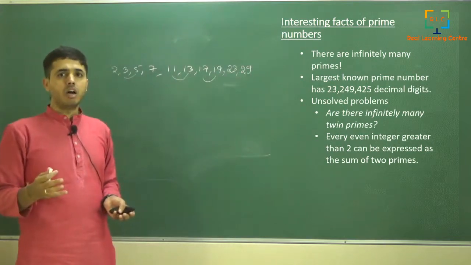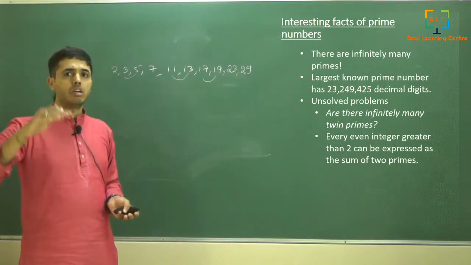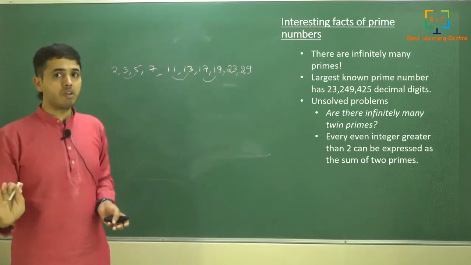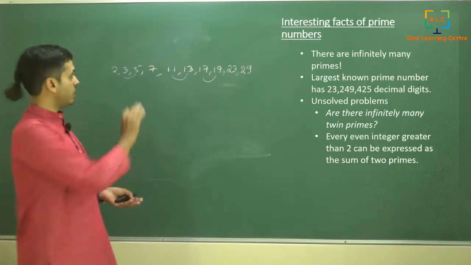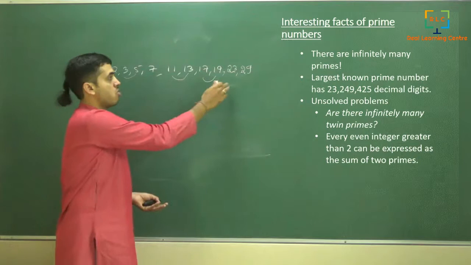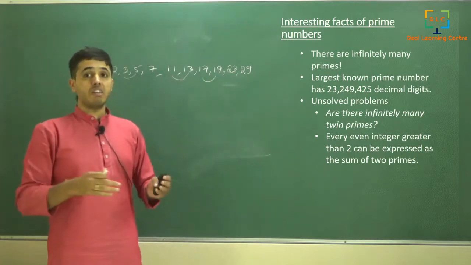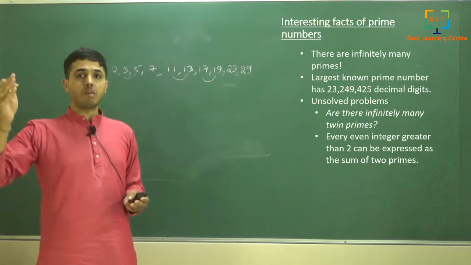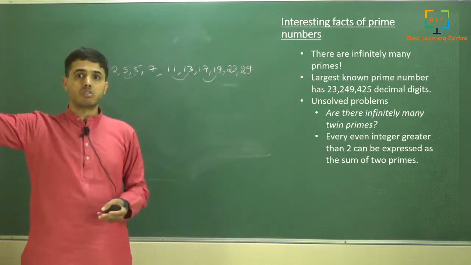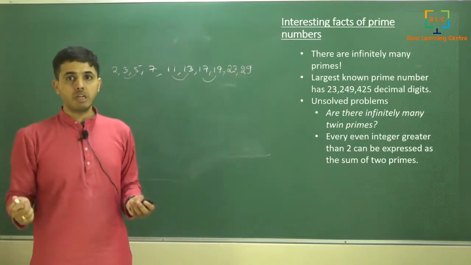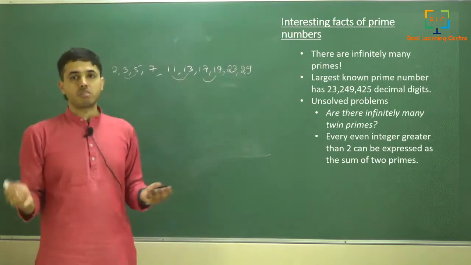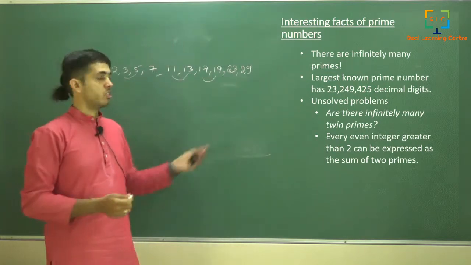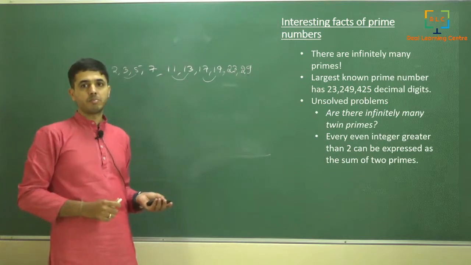Now, can we say there are infinitely many twin primes? Initially it is more frequent, but as you go on, it is reducing. But you can never rule out that they don't exist. You may get a twin prime in the thousands or in the 10,000s. There is a possibility, and nobody has proved or disproved it. That's an unsolved problem. Very interesting problem.